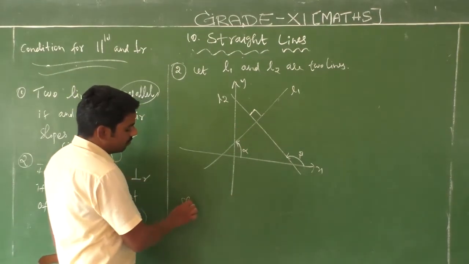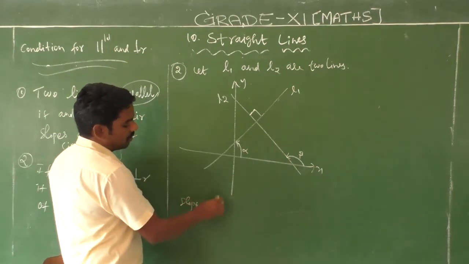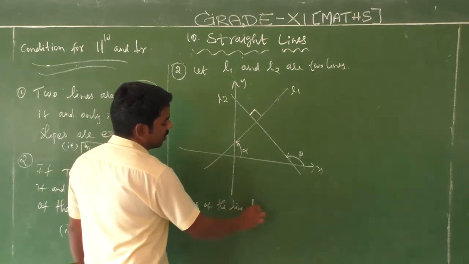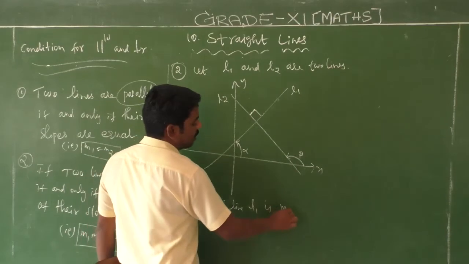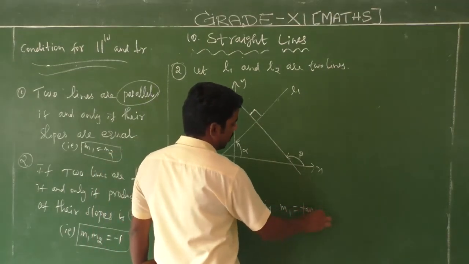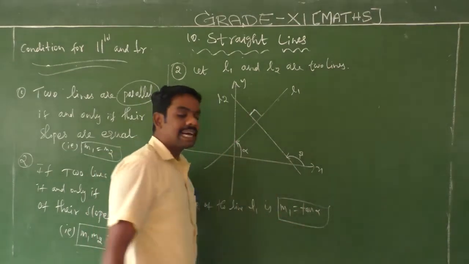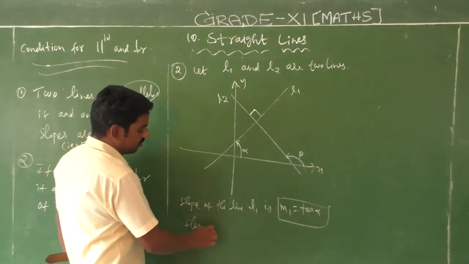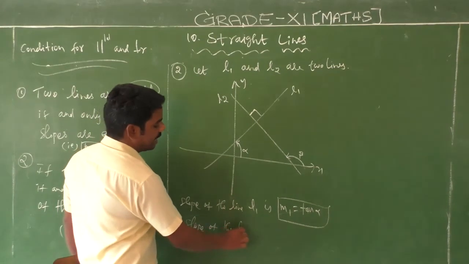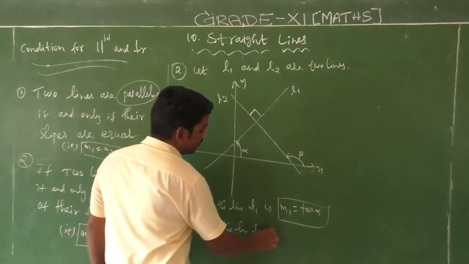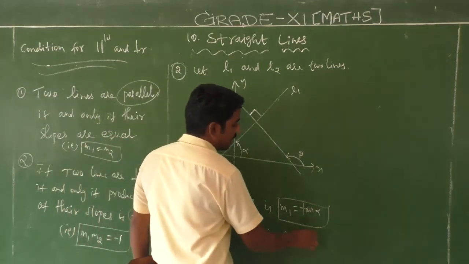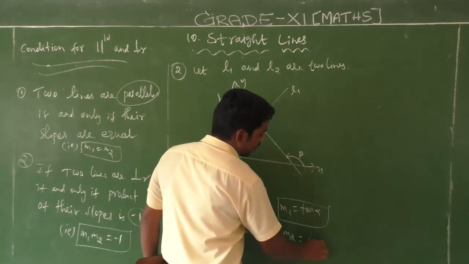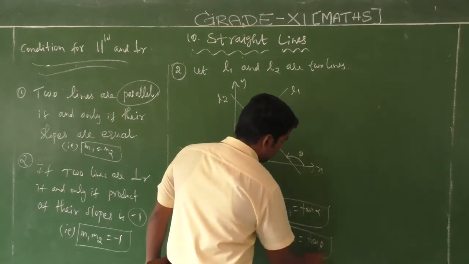So the slope of the line L1 is M1 is equal to tan alpha, and the slope of the second line L2 is M2 is equal to, here the inclination is beta, so tan beta.